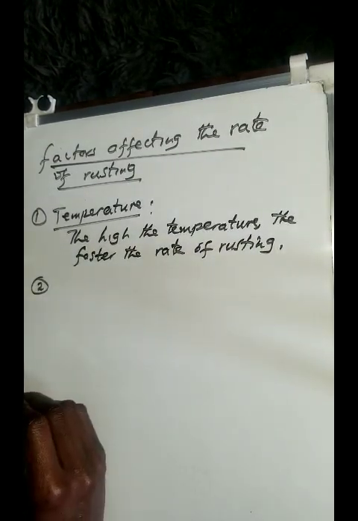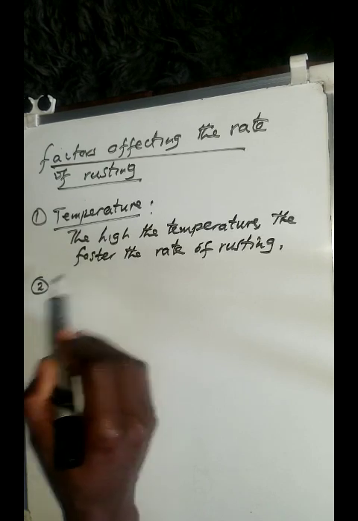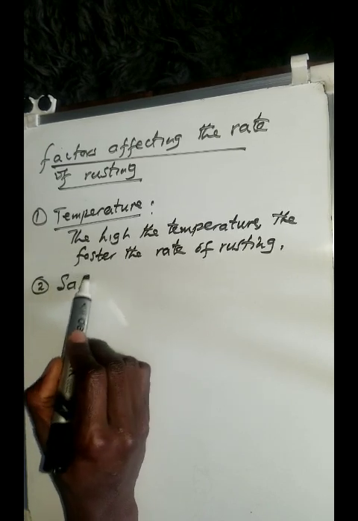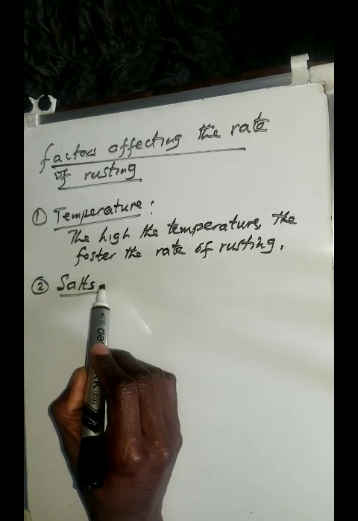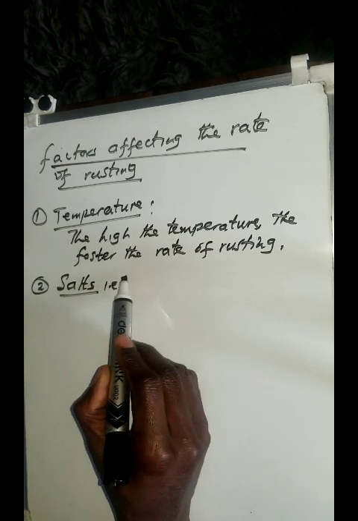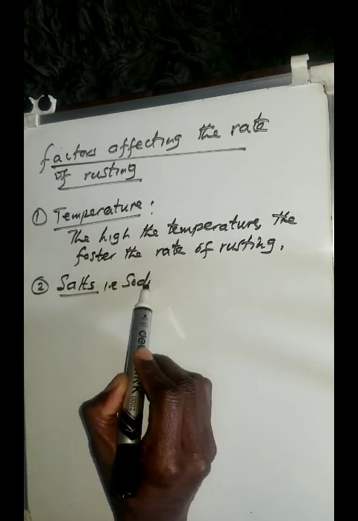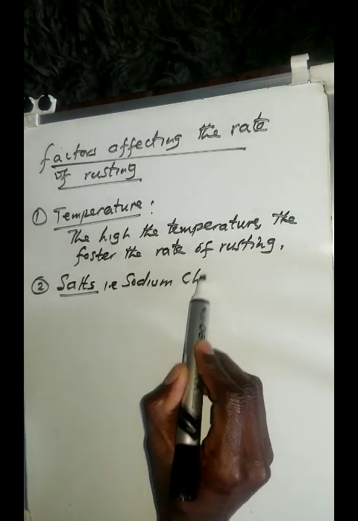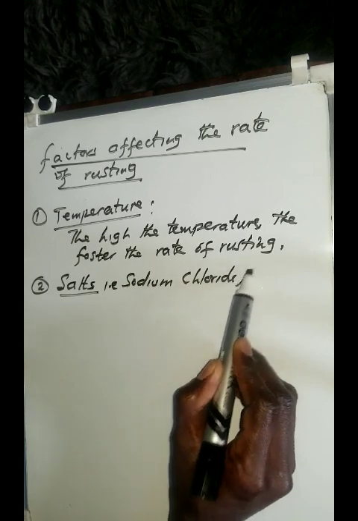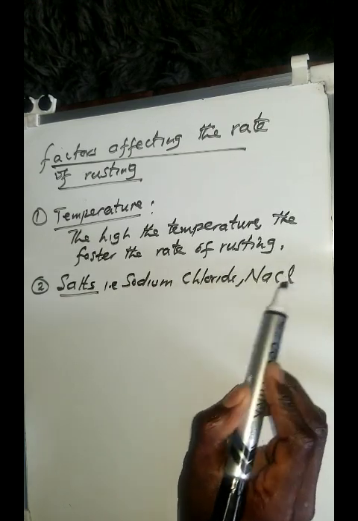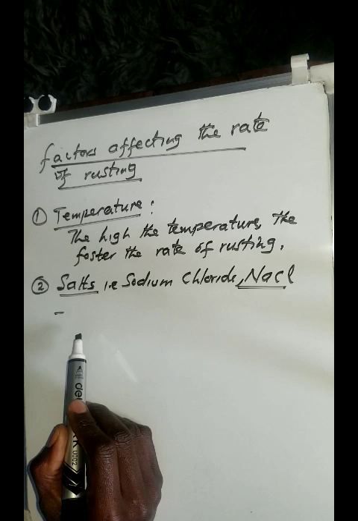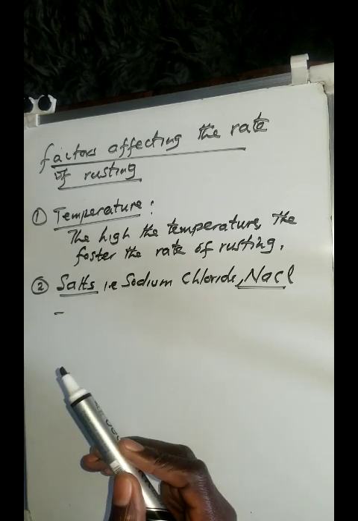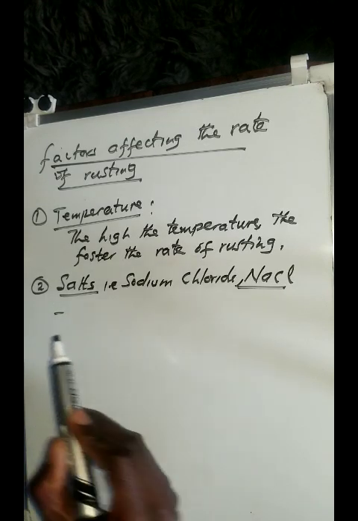Two, we can talk about salts. For example, our common salt, what we are calling sodium chloride. So the presence of salts like sodium chloride does affect the rate of rusting. Now, how does it affect the rate of rusting?